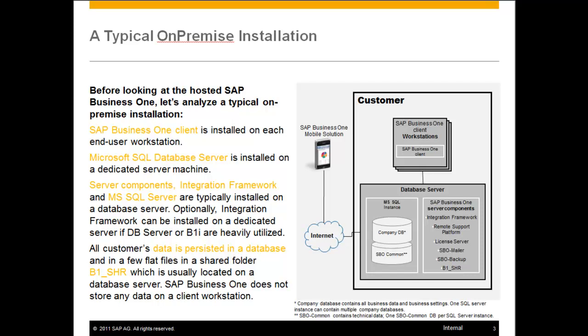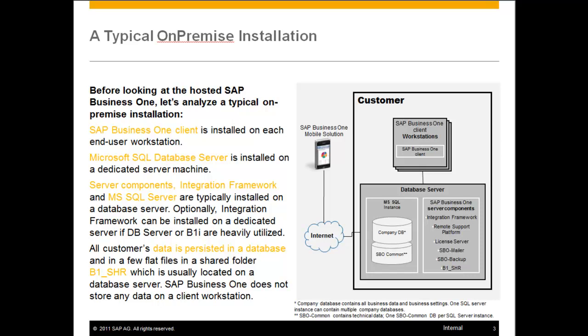Now, each one of these components can also be split out into its own separate server depending on the amount of load, the amount of traffic, the volume that's being processed on the server. One other component which normally goes in an on-premise installation is we usually specify a shared folder somewhere on the network, the B1_share folder, which is where we store some flat files, Microsoft Word templates, integration templates, and so on.